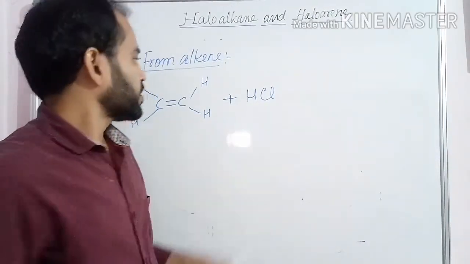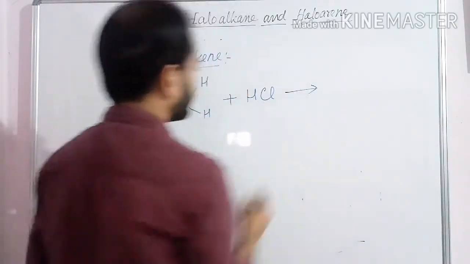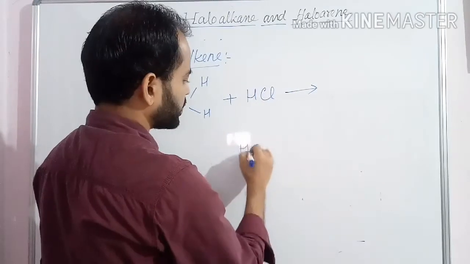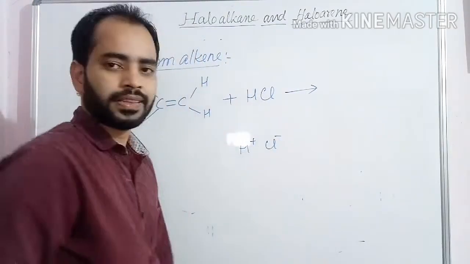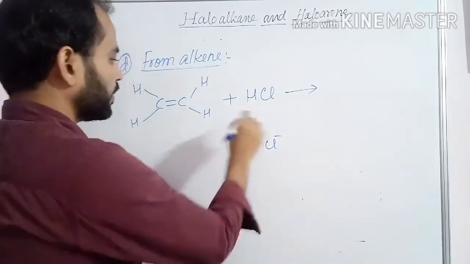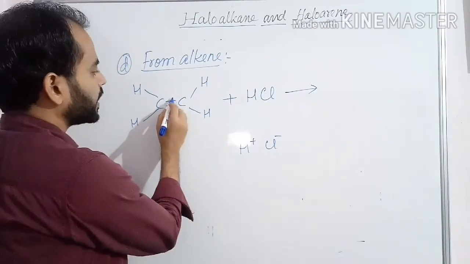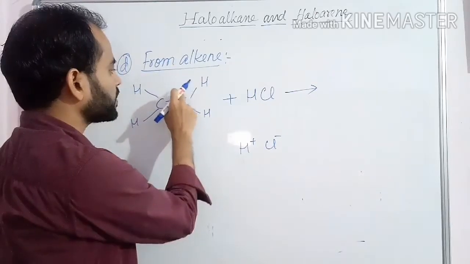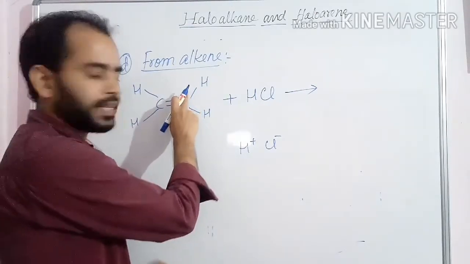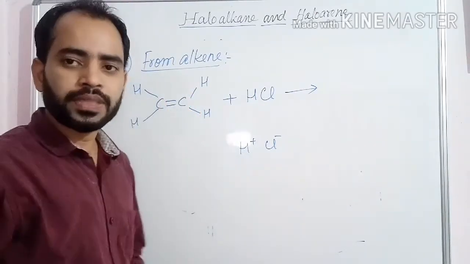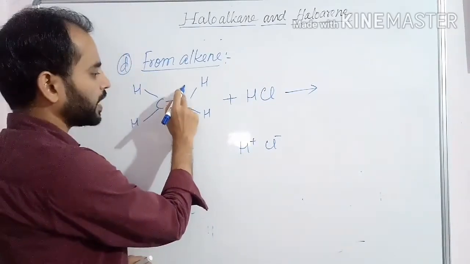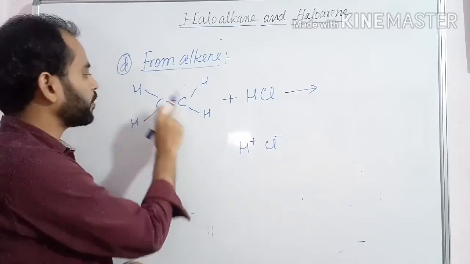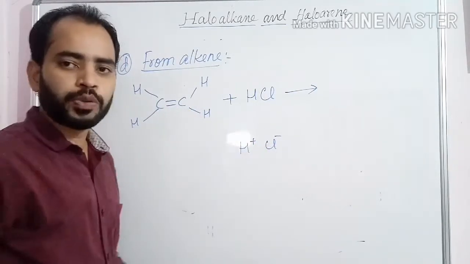So what happens when HCl dissociates? It forms H positive and Cl negative. Electron from this pi bond breaks and goes to this carbon. It acquires negative charge and the other carbon acquires positive charge. So on the negative charge, this H positive will attack, and on the positive side Cl negative will attack.